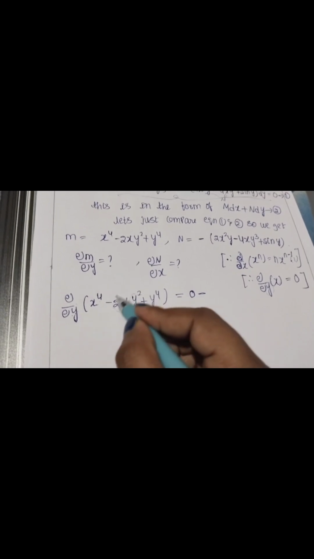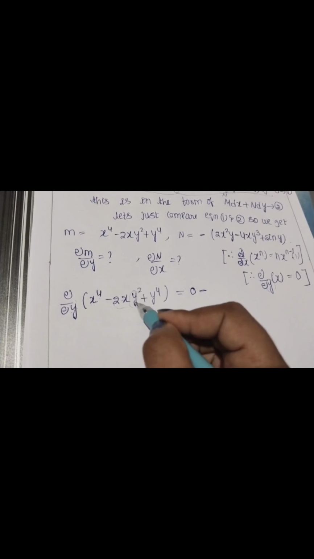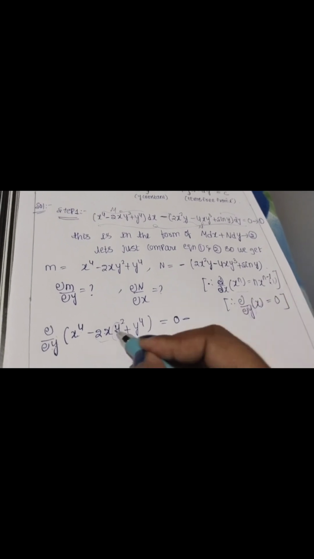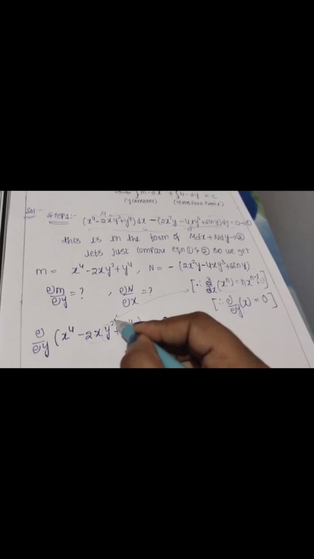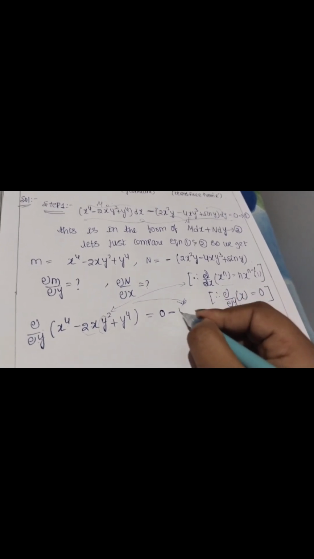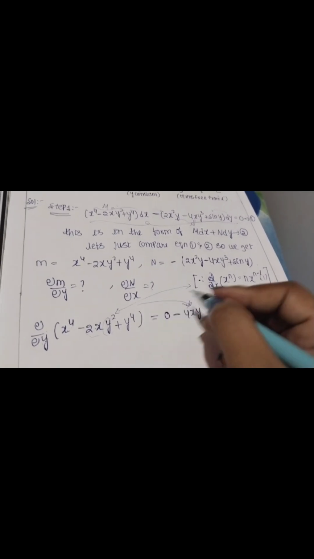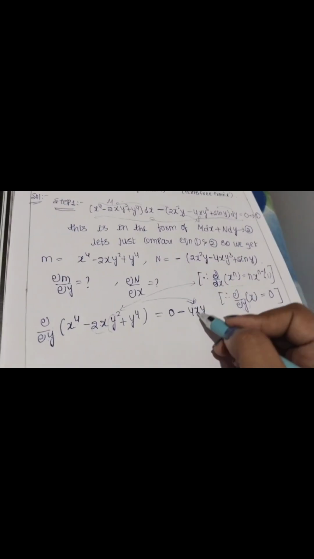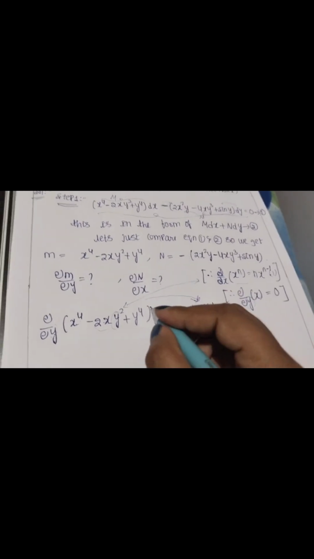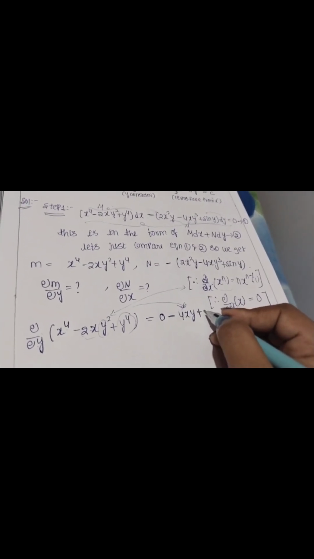Following this formula for this term, we get minus 4xy, that is 2 into 2xy, plus, following the same formula for this term, we get 4y cube.